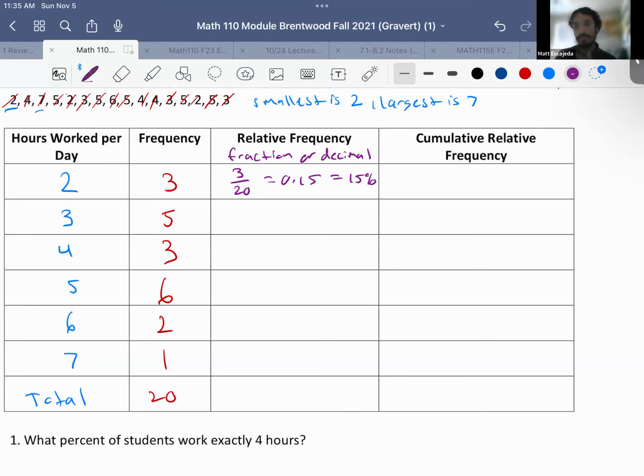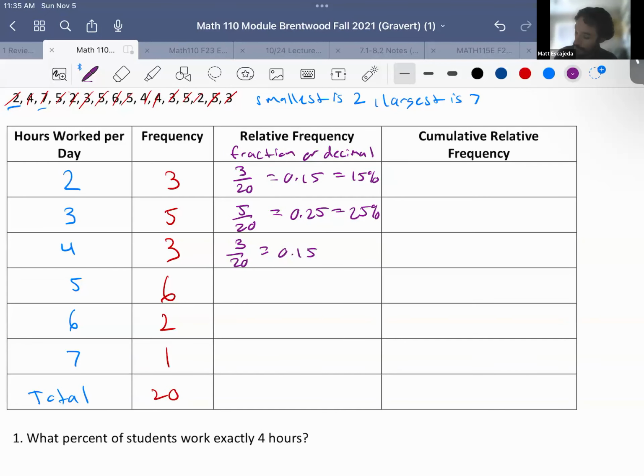Okay, so then keep going. Once again, go on if you think you have an idea. For the 3 hours of work a day, it'll just be 5 divided by 20, which is 0.25, 25%. Next one is 3 over 20, which is 0.15 again, 15%.